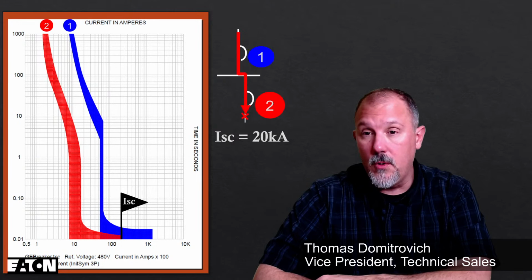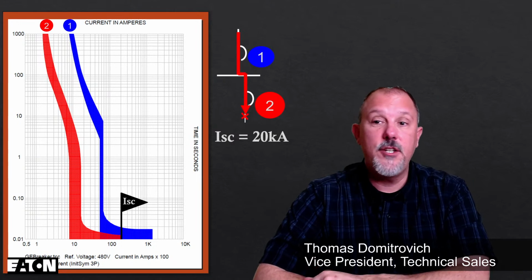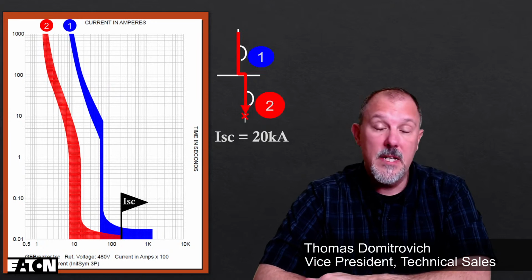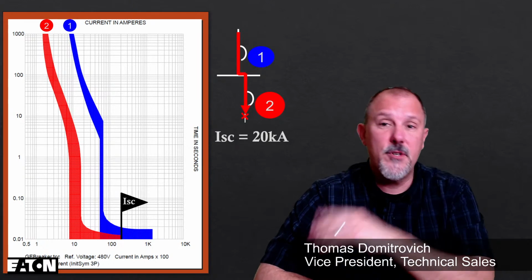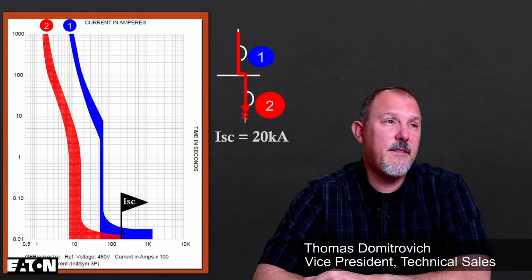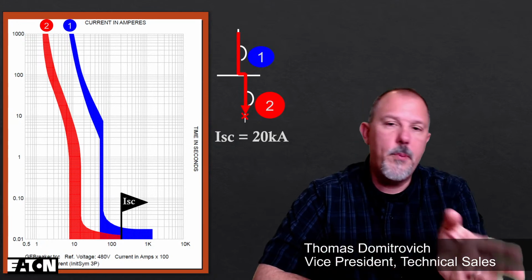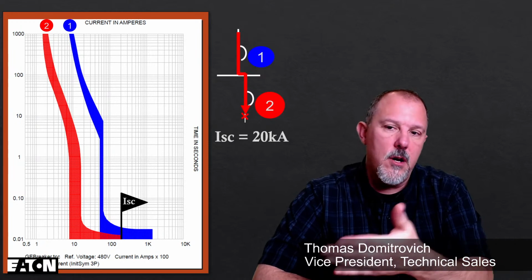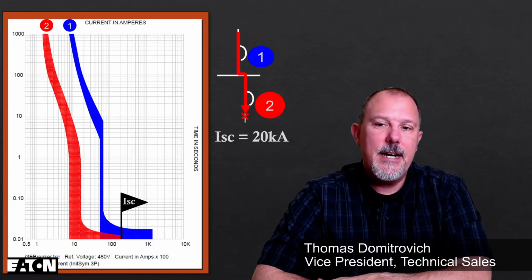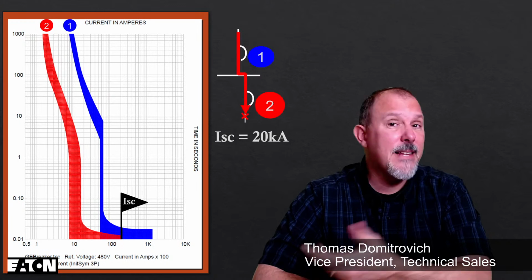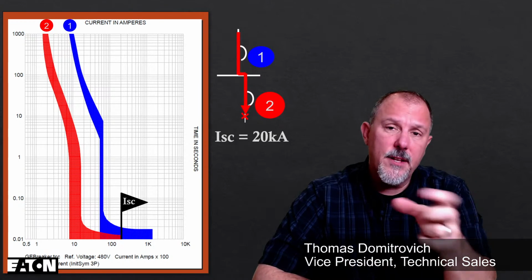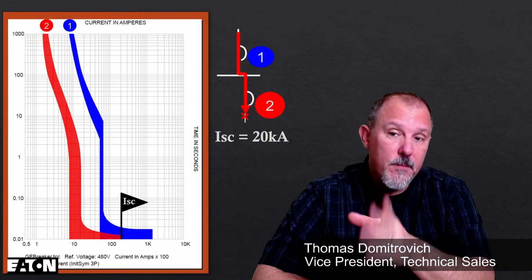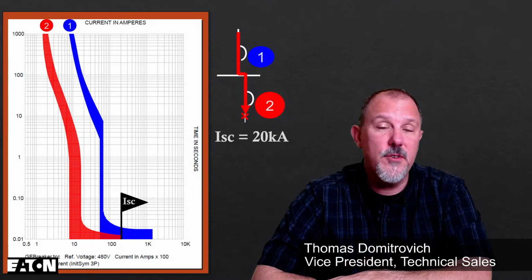For example, you'd have to look at each of the manufacturers, but my curve might cover 50 and 60 hertz. It may cover different temperature values. It may cover single pole as opposed to two pole. Worst case scenarios to give you the longest clearing times. And that's why you end up with some pretty fat bands or longer clearing times than what you actually experience in the field. But you're pretty much going to be in between those bands.